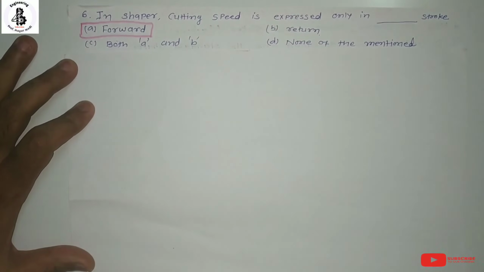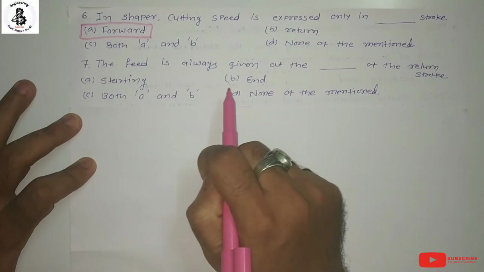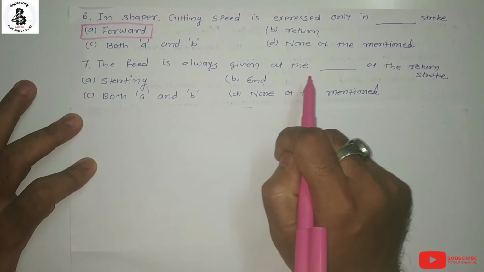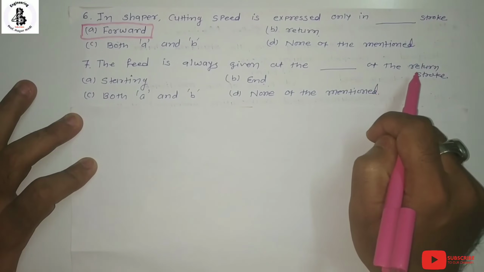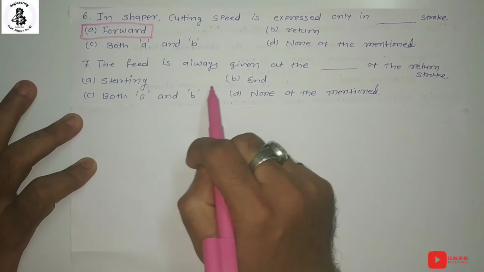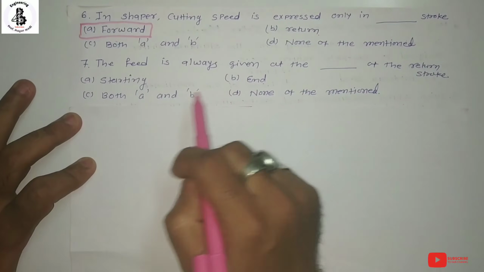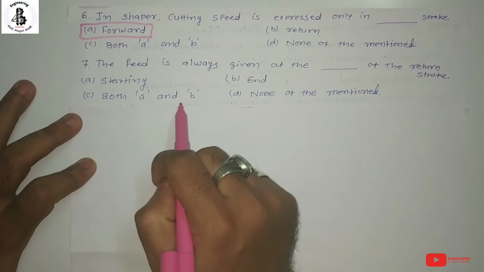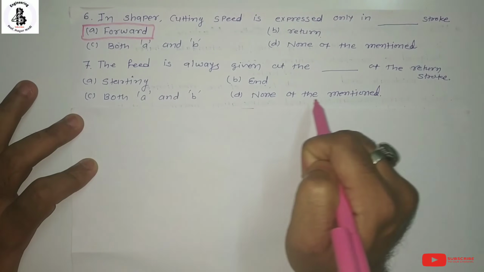The next question. The feed is always given at which point of the return stroke? Option A starting, option B end, option C both A and B, and option D none of the mentioned.